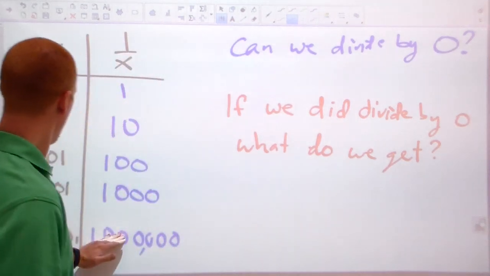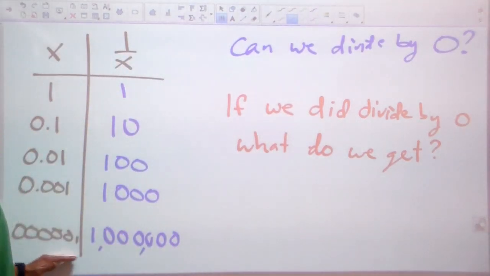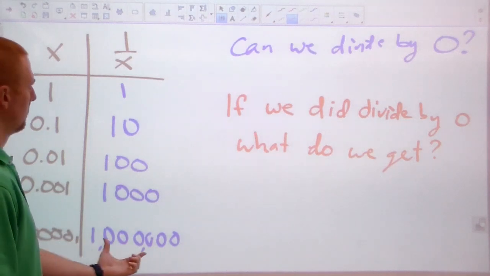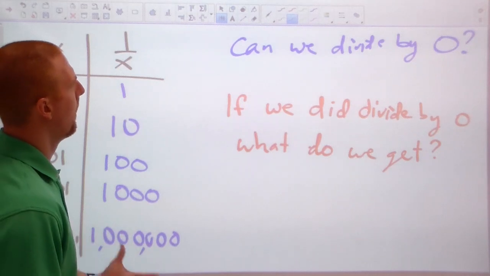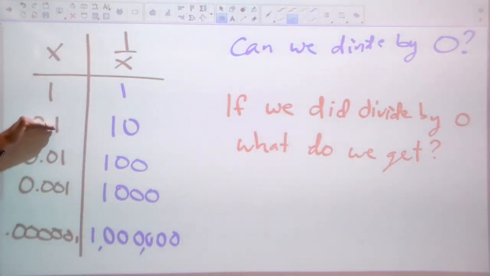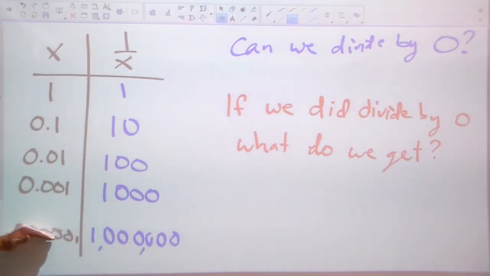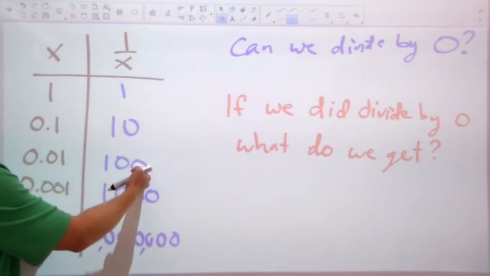So what's the trend? If I put in more and more zeros here and get a number that's even closer to 0, 1 divided by that number would be really close to what? When you divide by a number that's getting closer and closer to 0, your output is getting bigger and bigger.